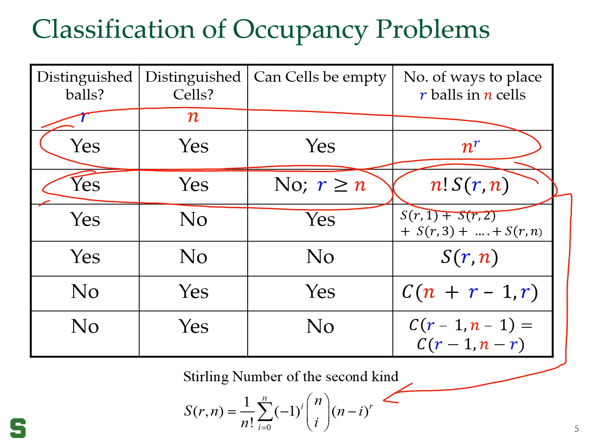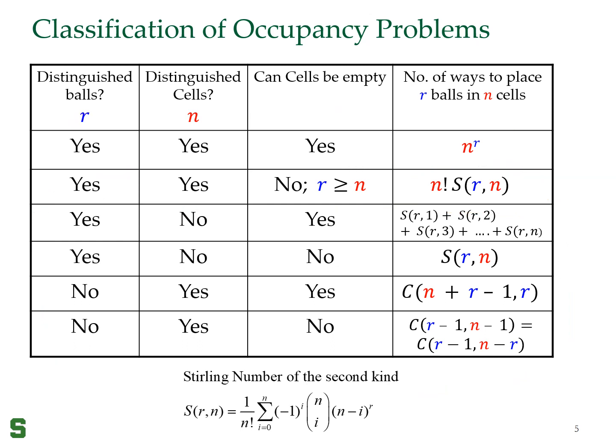Then we have these four other cases that talk about whether the balls are distinguished, cells can be empty, etc. Some of these, for example these two, refer to the S formula, which is the formula that is given below here.